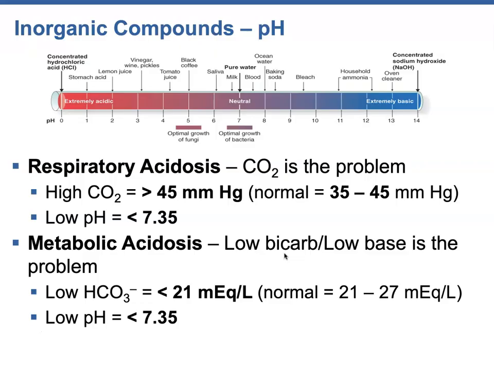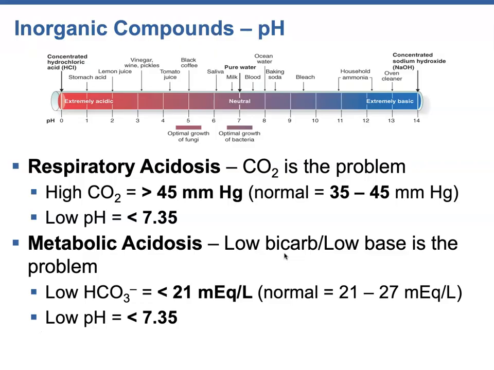Metabolic acidosis, CO2 is not the problem. Some other acid in the body, lactic acid, fatty acids, acetic acids, it could be phosphoric acids, it could be breakdown of amino acids from protein. Something else is causing that hydrogen ion in the blood to be the problem. So that's the big difference between these two.